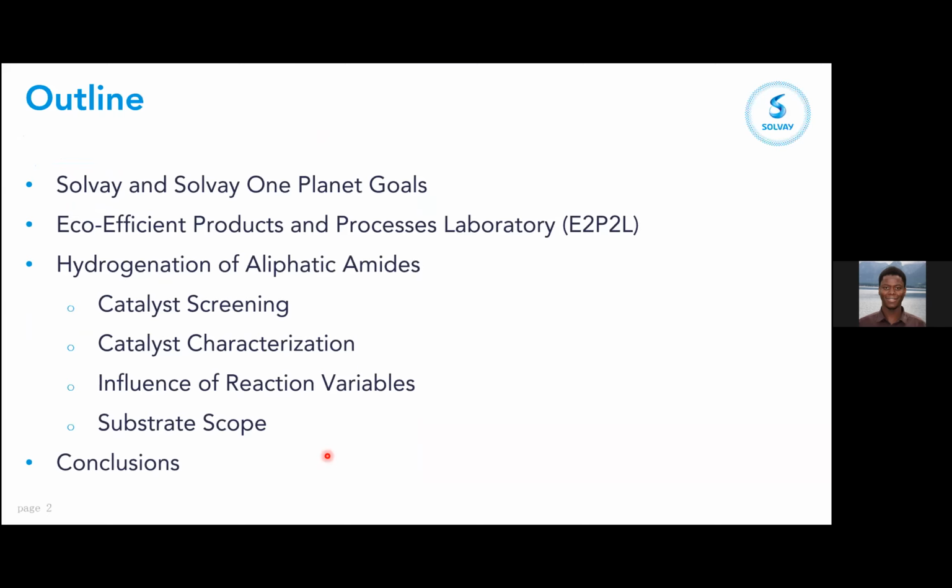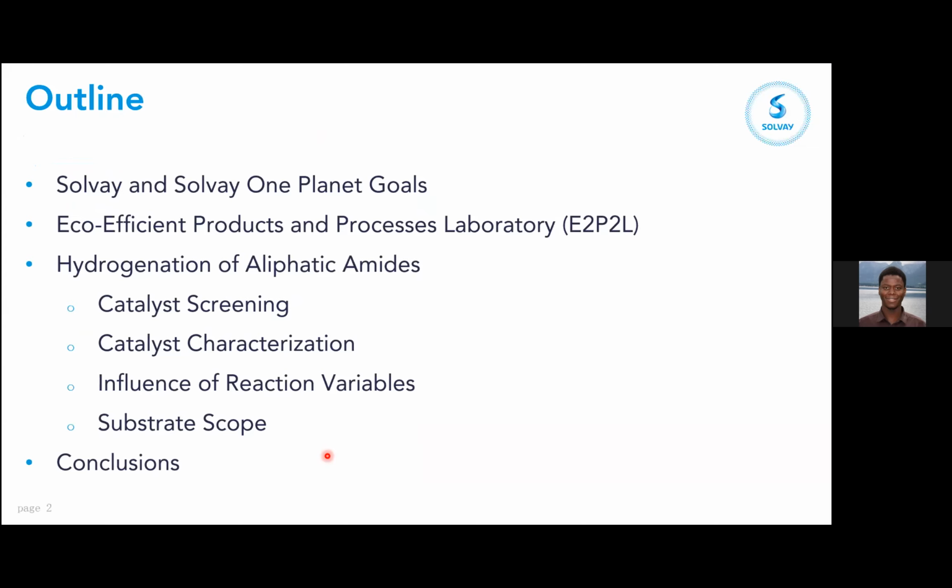So during my talk, this is going to be the outline. I will first give a brief overview of our organization, Solvay, and the Solvay One Planet goals, and also go on to give a brief overview of E2P2L, which is the Eco-Efficient Products and Processes Laboratory.